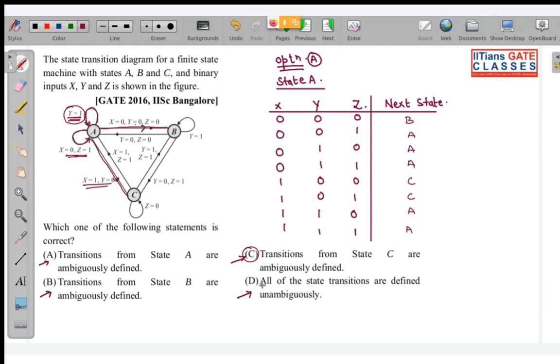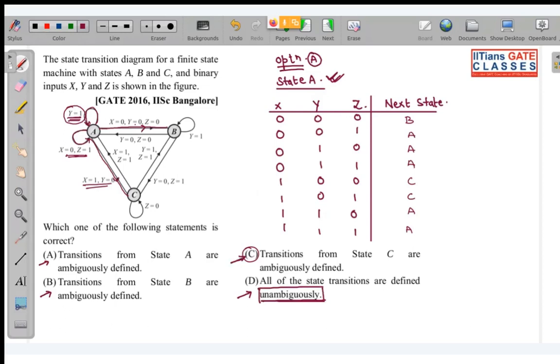So here you can see option D is what? All of the state transitions are defined unambiguously. That will not happen if you check for any of them. Why? Because all of the state transitions are defined unambiguously. You can see A has been defined properly. Here it is said unambiguously, so you will make this conclusion only after checking state A, state B, state C. You can see it is given unambiguously, not ambiguously.